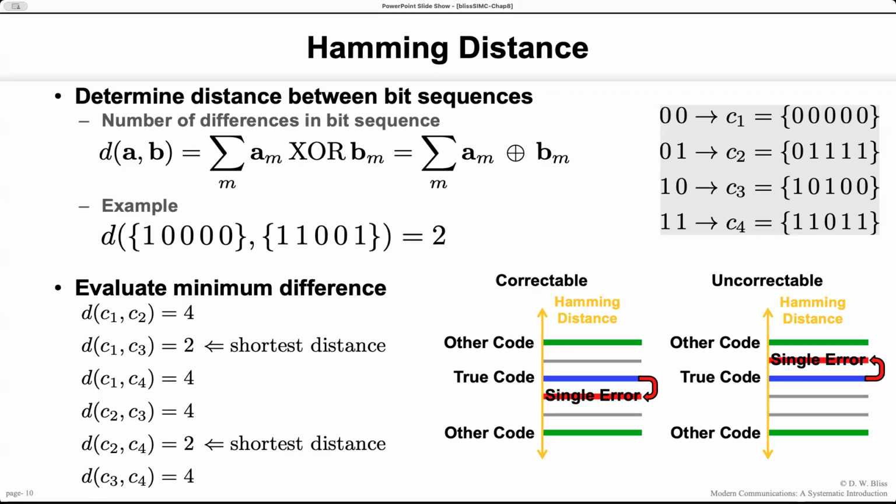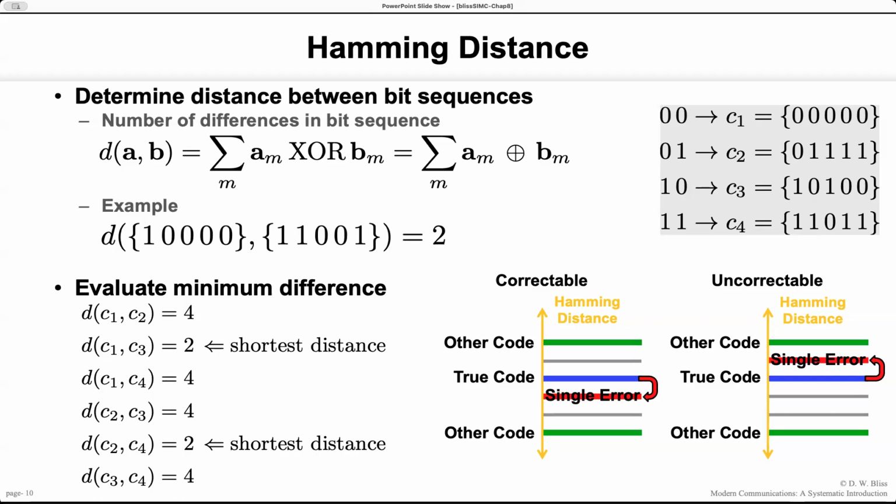So 00 information bits maps to 00000. 01 maps to 01111. 10 maps to 10100. And 11 maps to 11011. All right. So what we can do for this particular code is see what the differences between all the different bit sequences are. So the difference between code word zero and code word one and code word two.